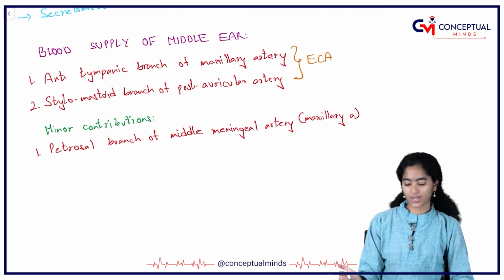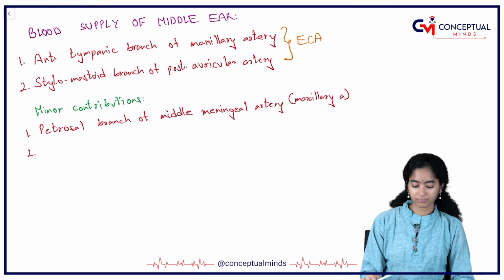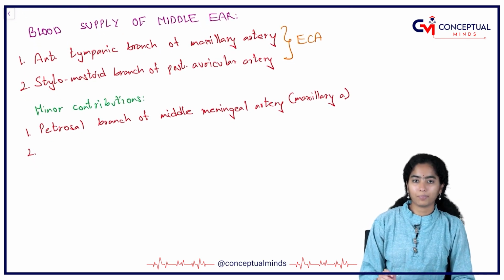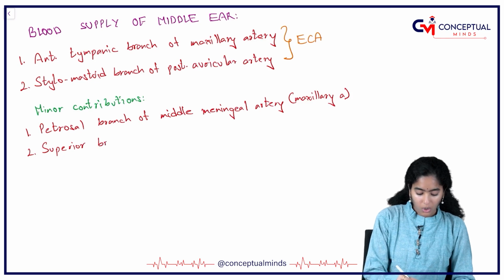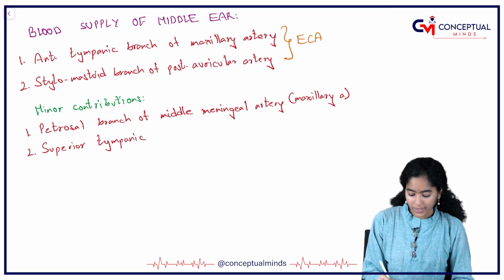And maxillary artery, as we already know, is a branch of ECA. Next, superior tympanic branch of middle meningeal artery. So, this middle meningeal artery is giving two branches. One is the petrosal branch and one is the superior tympanic branch.